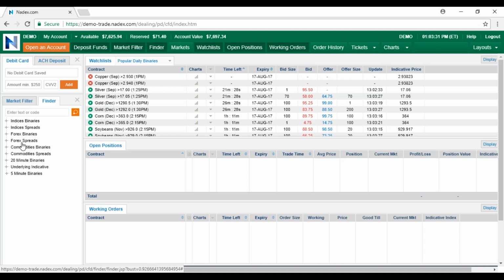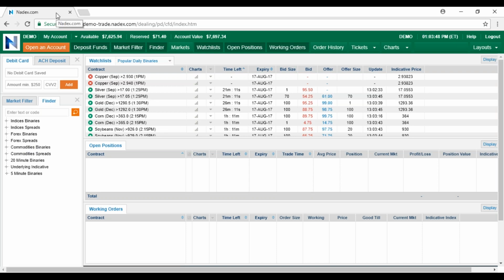Any new strategies or systems that you're trying to test out, you can test them in a demo account. If you're testing something new, you've heard me say it a million times, don't test it with your live money. That's a very expensive education, right? So don't do that. Hop in and trade it with demo.